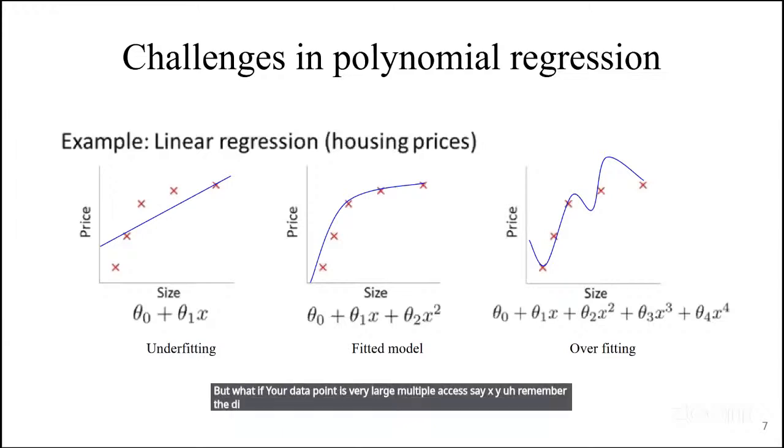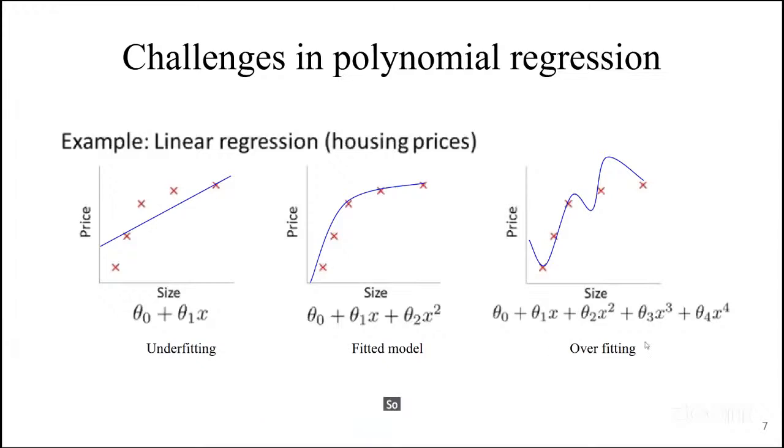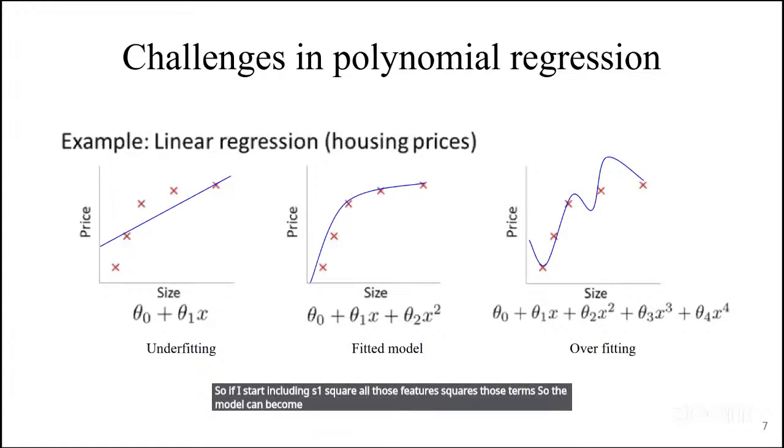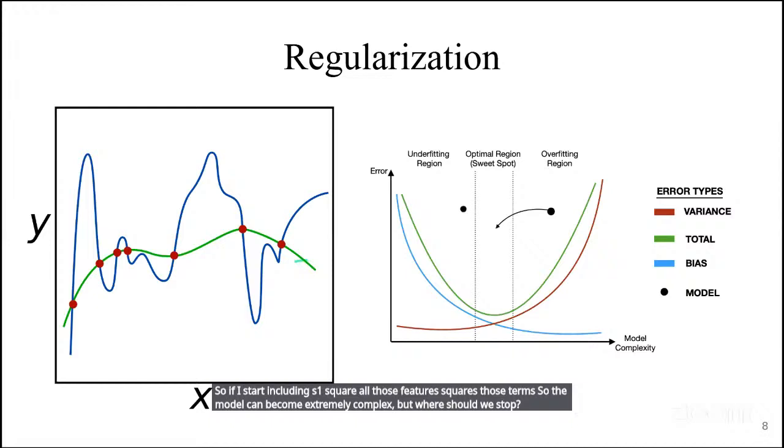It has size, age, S1 to S6 features. So many features are there. How will you even visualize such a thing? If I start including S1 squared and all those feature squares, the model can become extremely complex. But where should we stop? So for that we use regularization.